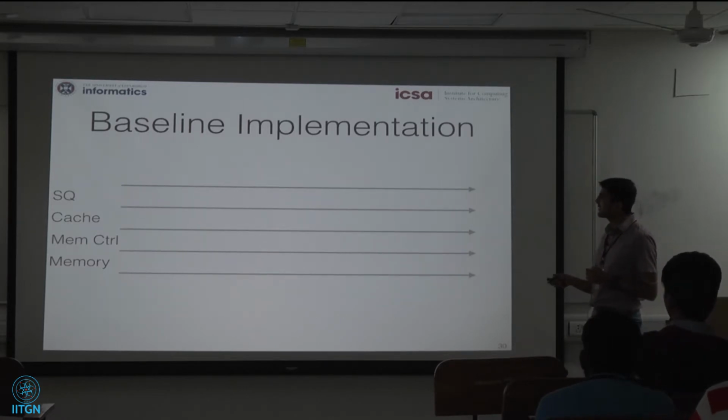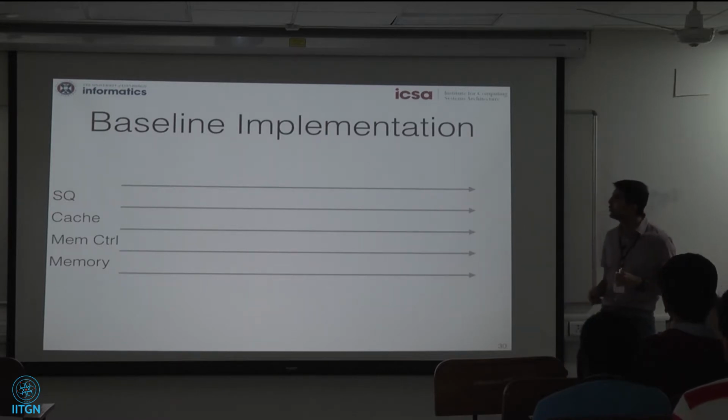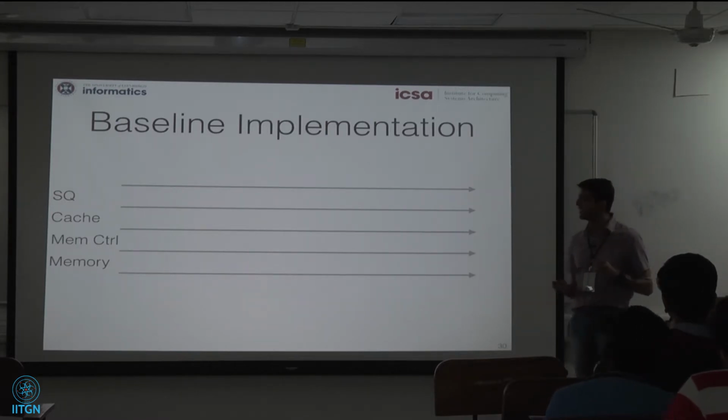Let's understand this better by looking at the latency breakdown for a single store. Here we see a store queue, which processors typically use to move stores out of the critical path of execution. The store queue talks to the cache hierarchy, which in turn talks to the memory controller, which finally writes the value to the memory.